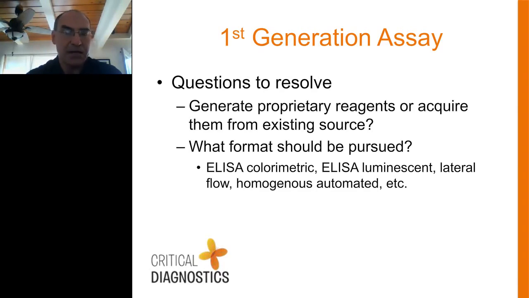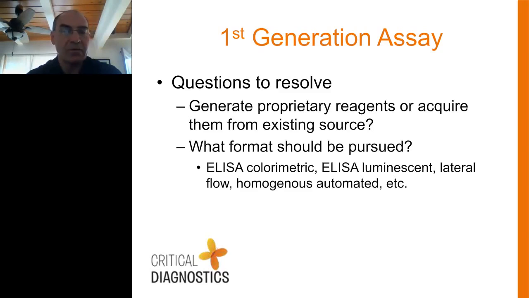ELISA is the generic, more standard first-generation format. It's very easy to do. It's not a fast test. It typically takes 4 to 6 hours to perform an ELISA test, but you can do multiple specimens per plate. It's a 96-well plate typically. Colorimetric or luminescent technologies are the normal options.